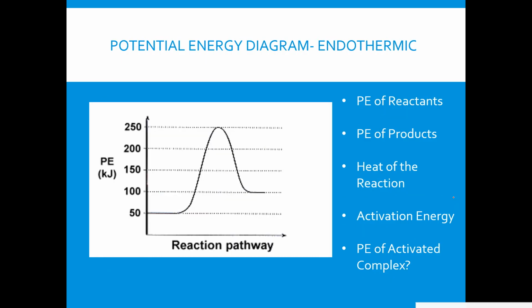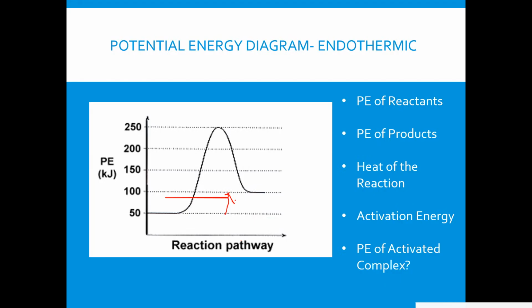Okay, let's look at the next slide. This is my endothermic reaction. Notice that my energy is going from here to here. In going from there to there, I'm just going to absorb energy.